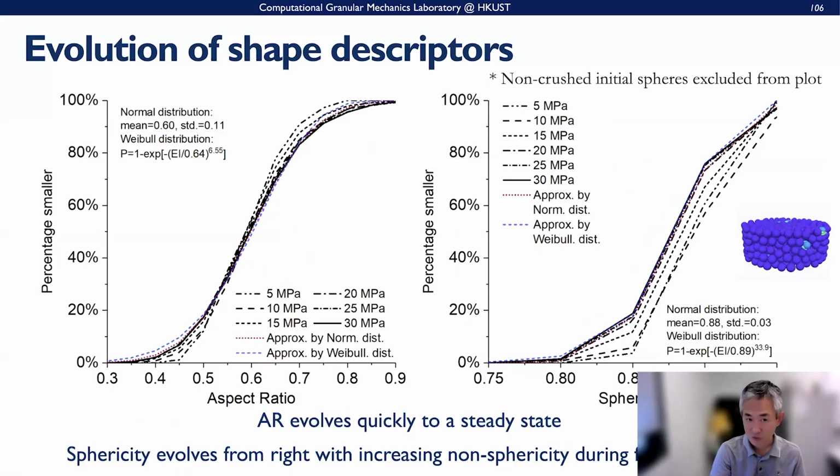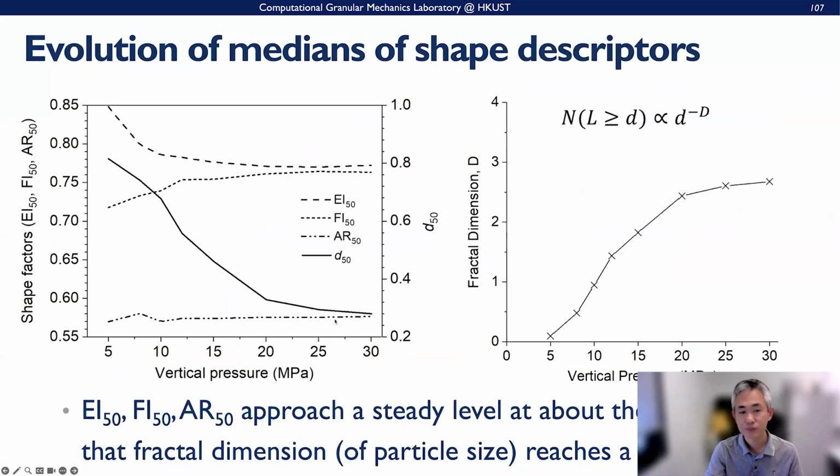And also here is the aspect ratio, and again this evolves quickly to the steady state, and regarding sphericity, it evolves from right to the left, with increasing non-sphericity during this fragmentation process.